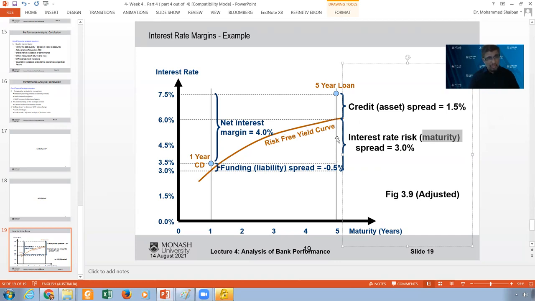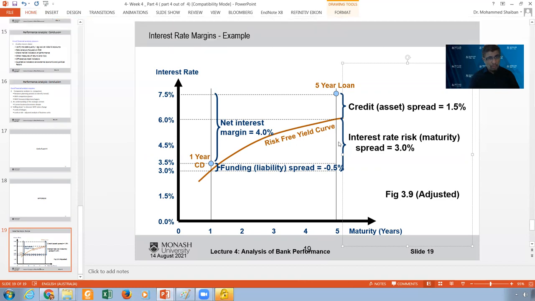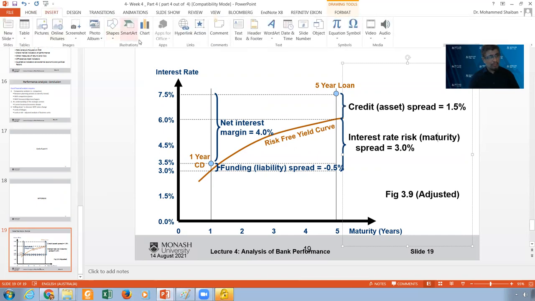So this difference is actually the maturity, which is coming here. This is the maturity. And this is actually for credit risk.